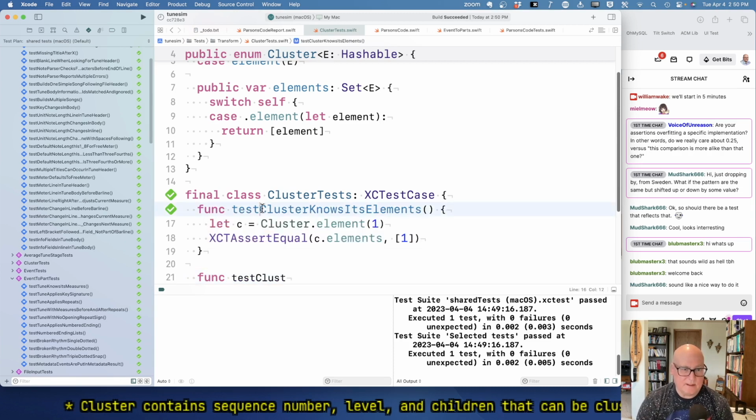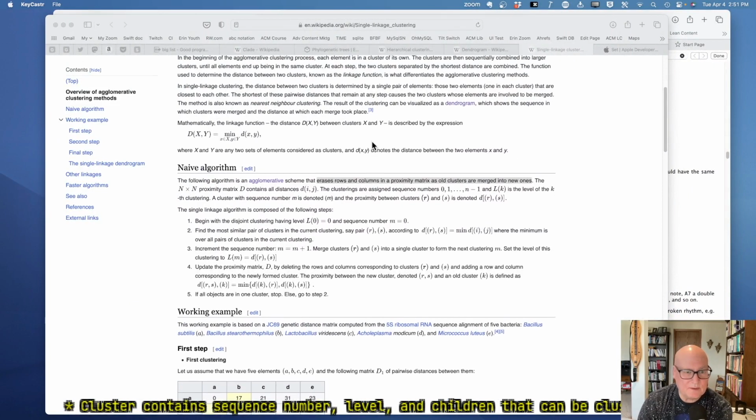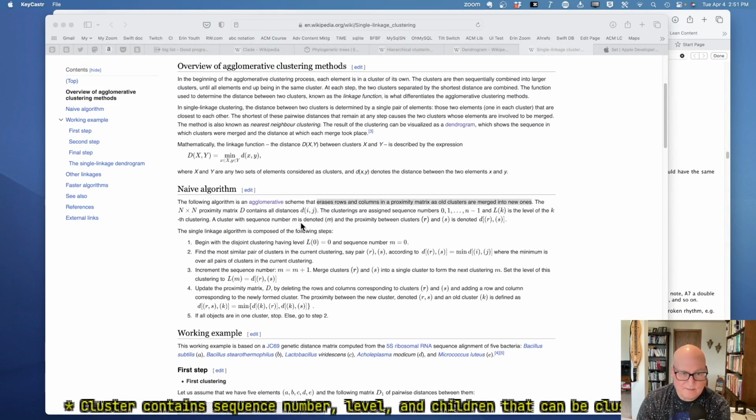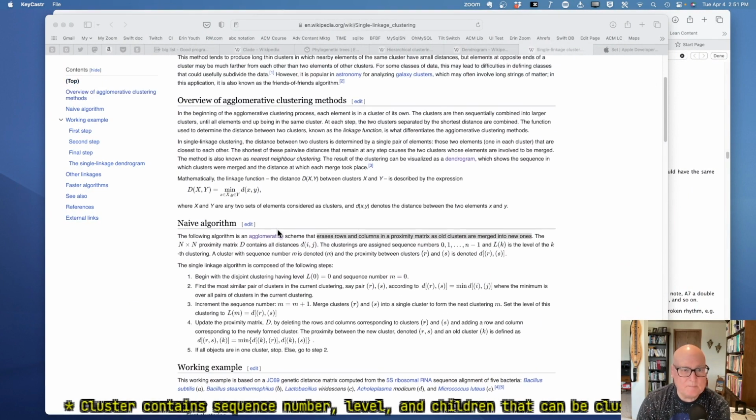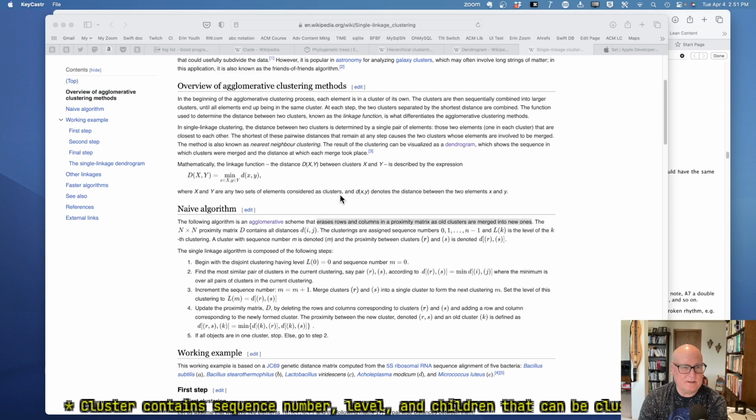This was element cluster. And this is, I'm going to use their vocabulary if I can. I mean, I think these are clusters, right? Yeah, I guess it's a cluster.